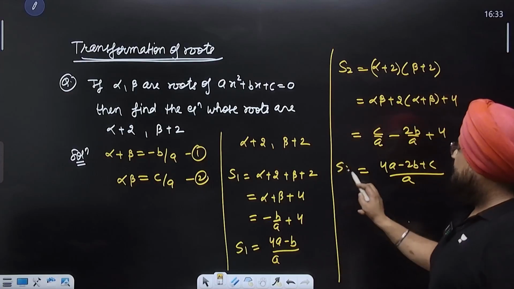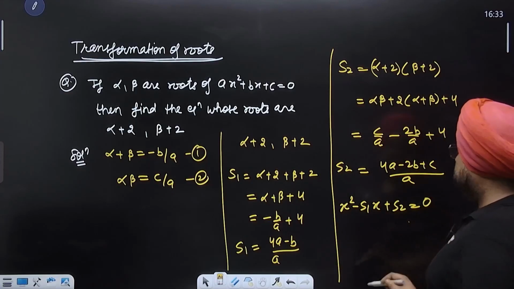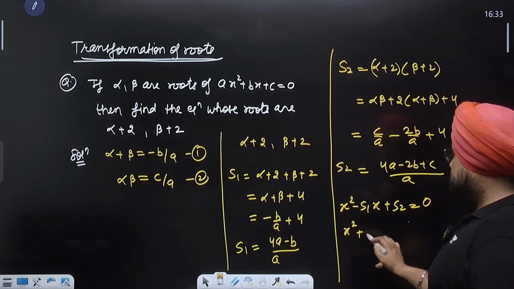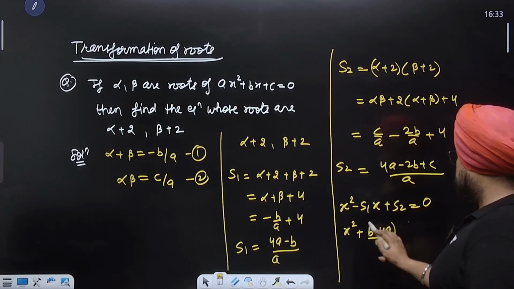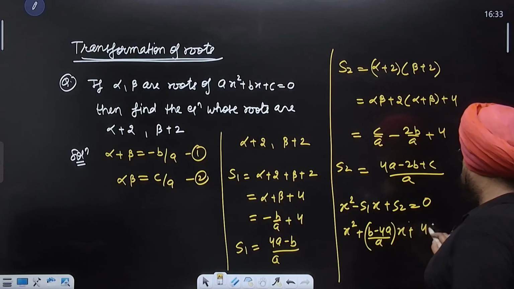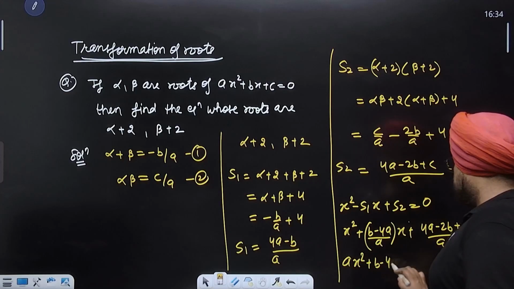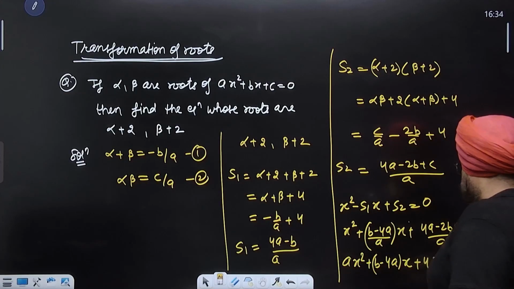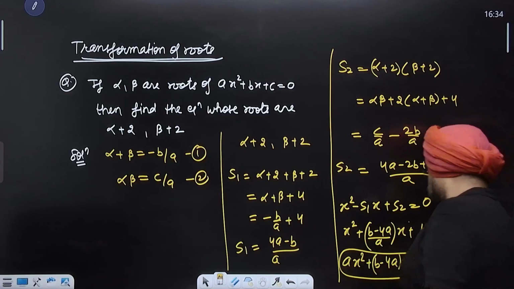Now the equation will be x square minus s1 x plus s2 equal to 0. So x square plus ((b minus 4a) upon a) x plus (4a minus 2b plus c) upon a. Finally, the equation is ax square plus (b minus 4a)x plus (4a minus 2b plus c) equal to 0.